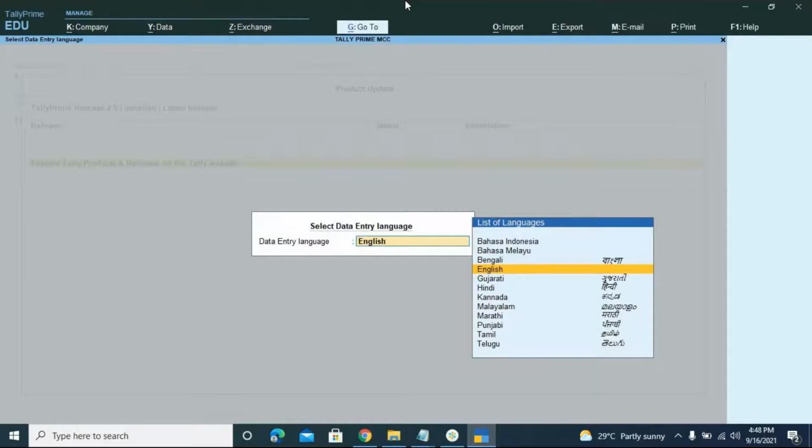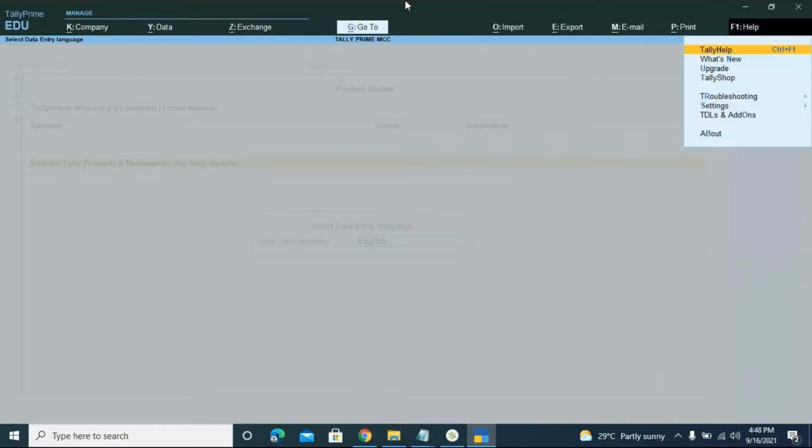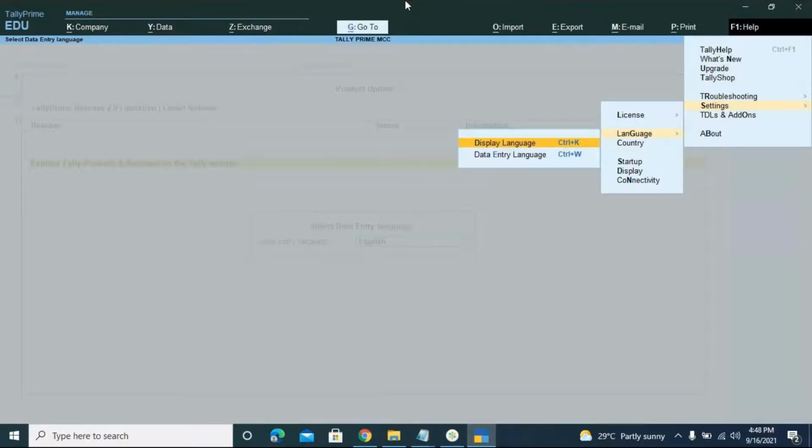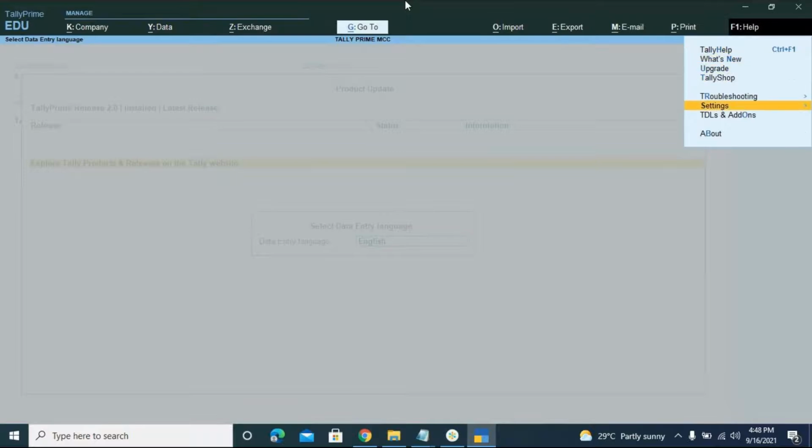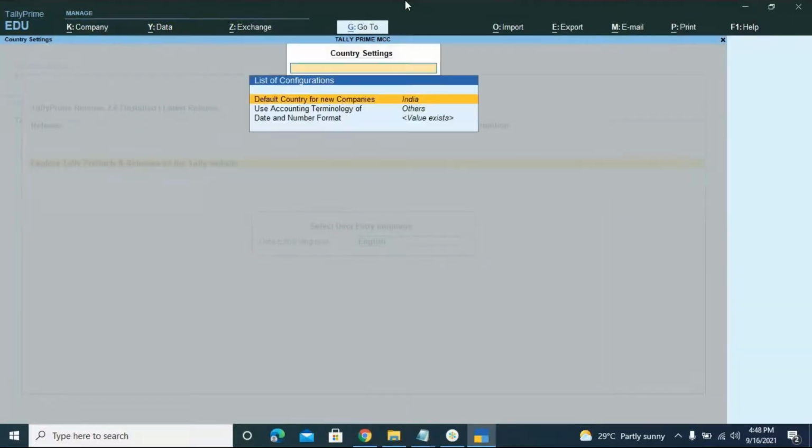But by default, the data entry language will always be English. So this is how we can check. We went to the settings, we went to the language options, and here we have the display language and the data entry language.